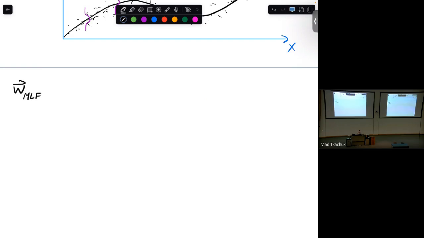We're going to call this w MLE. And how are we going to get this estimate? Well, it's using the same maximum likelihood equation as before. We're going to take the arg max over all parameters w in R^(d+1).